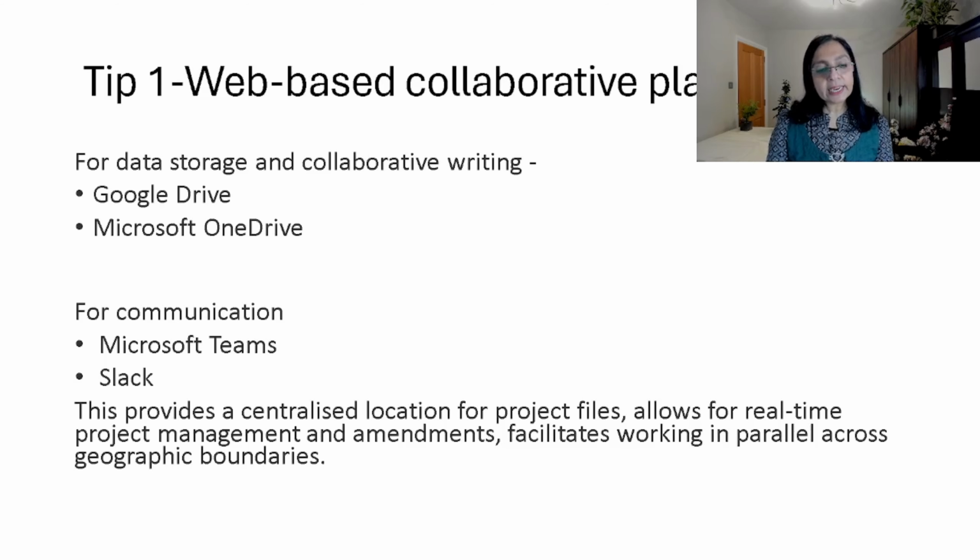And for communication, we can use Microsoft Teams or Slack. These collaborative platforms provide a centralized location for project files, allow for real-time project management and amendments, and facilitate working in parallel across geographic boundaries. So this is the first practical tip: we need a web-based collaborative platform.